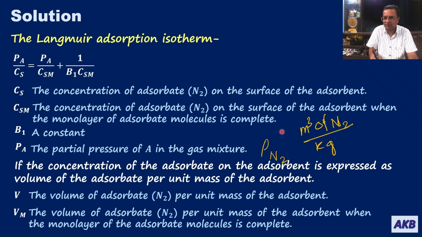If you express the concentrations as meter cube of nitrogen per kg, then corresponding to Csm we will have Vm. So we are going to replace Cs with V and Csm with Vm in order to use this equation in the present discussion. I hope you are understanding what we are going to do with the adsorption isotherm equation. So let us move ahead.